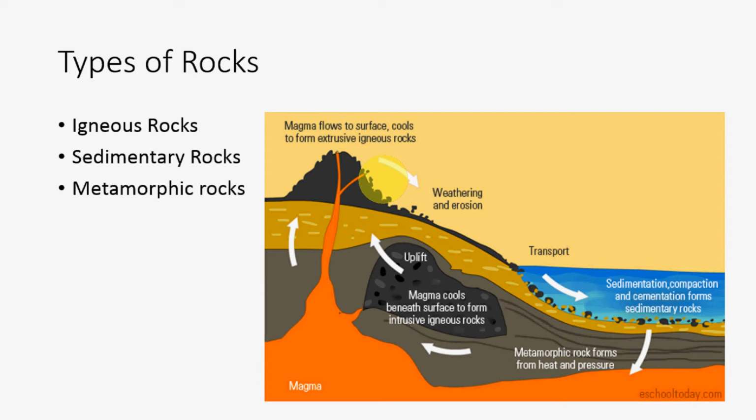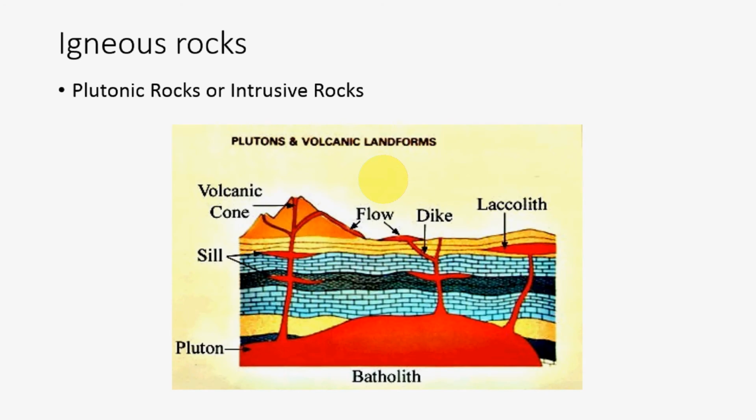Now let us discuss the different types of igneous rocks in detail. As we said, there are two types of igneous rocks: one is intrusive rocks and one is extrusive rocks. So let us discuss intrusive rocks in depth.